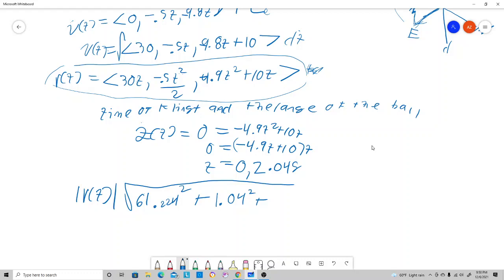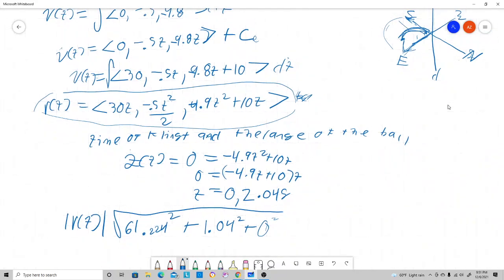Oh, I get 0 for it. Okay, so I get 0 for it, which makes sense because we're trying to find the component that lands in here.